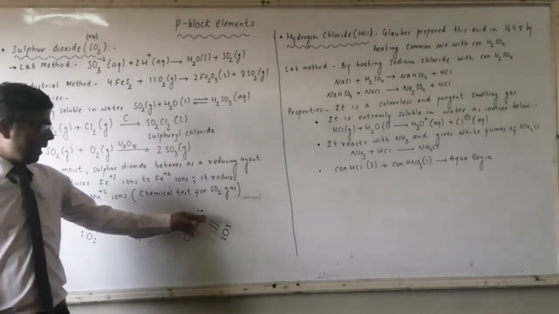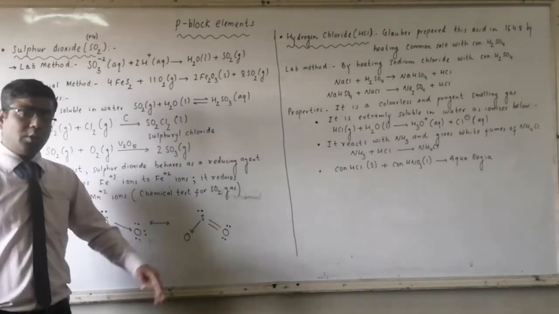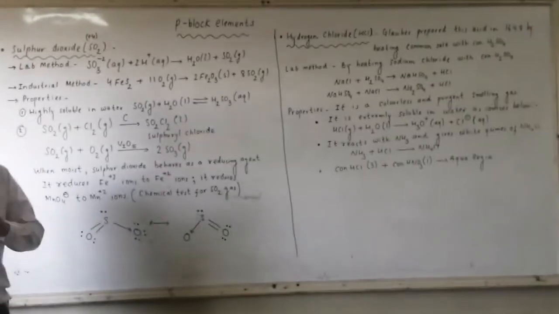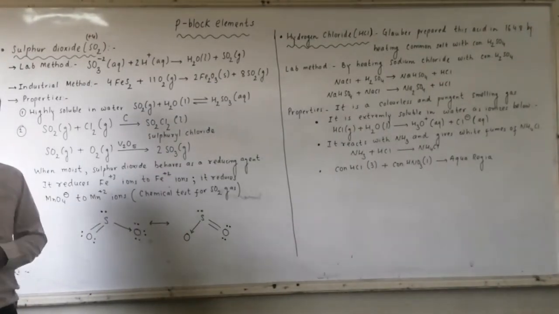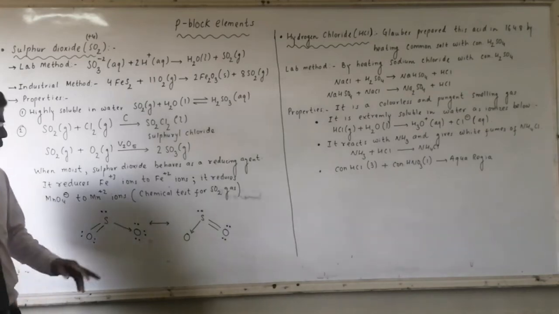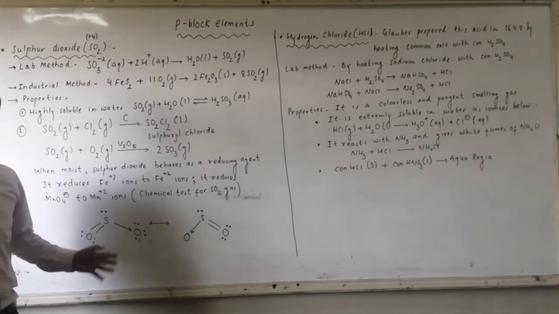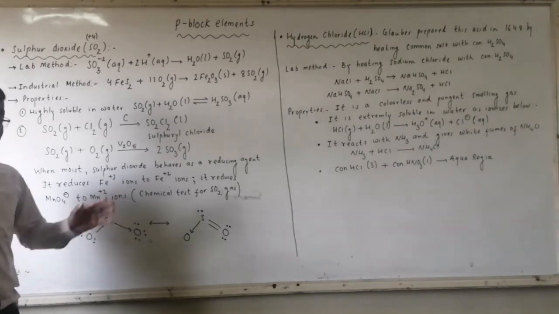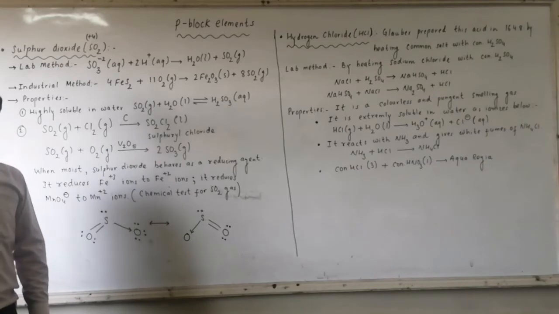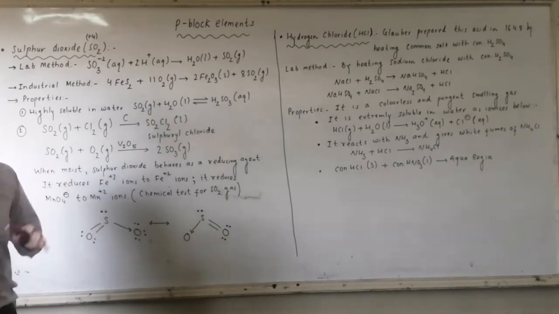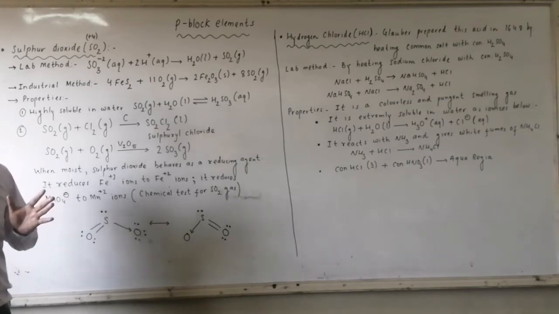Here it will be S coordinate bond with O, S double bond O. So both the SO bonds are identical in nature. The bond length for both SO bonds will be the same because of resonance, and we obtain a resonance hybrid. So in the SO2 molecule, both SO bonds have the same bonding parameters and the same bond length.